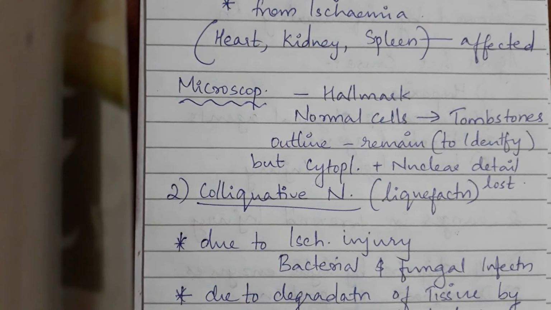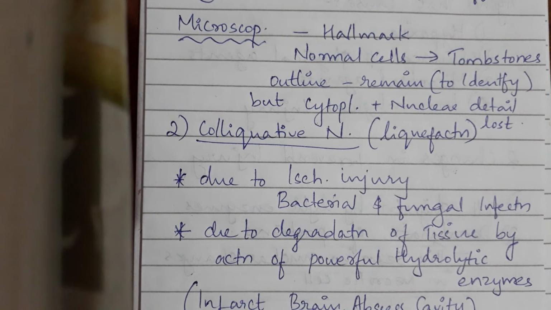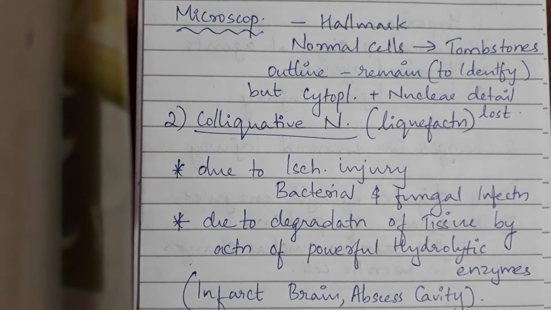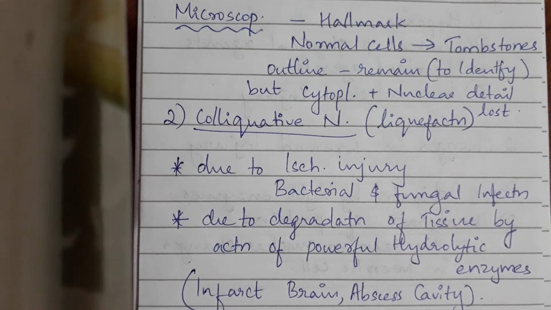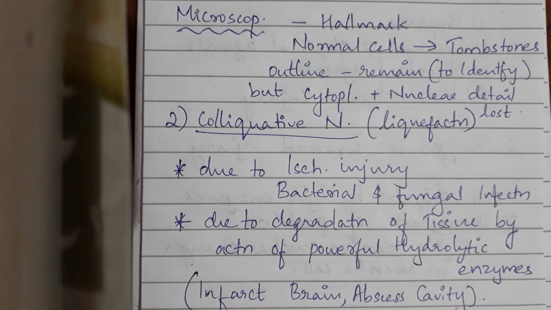So next, liquefactive necrosis. As the name suggests, the cell is liquefied. It is also due to ischemic injury, bacterial and fungal infection, due to degradation of the tissue by the action of powerful hydrolytic enzymes. This destruction is caused by a powerful hydrolytic enzyme.